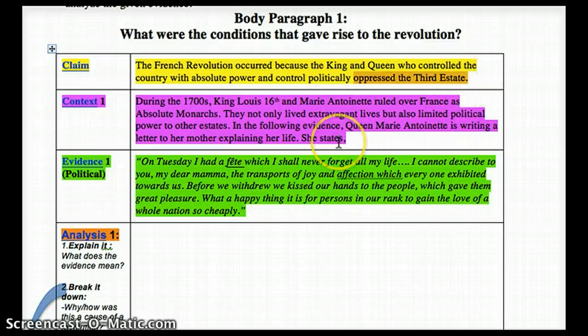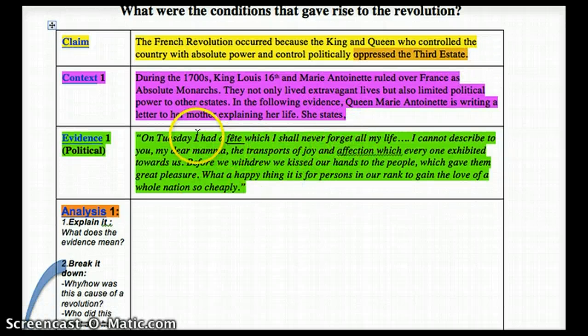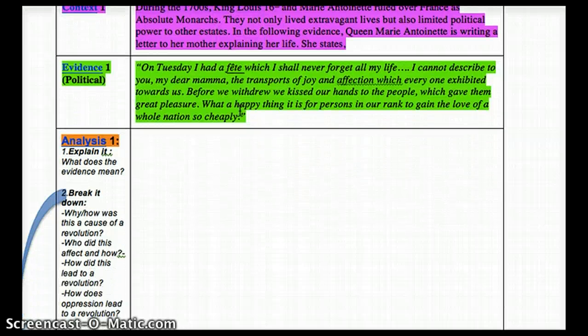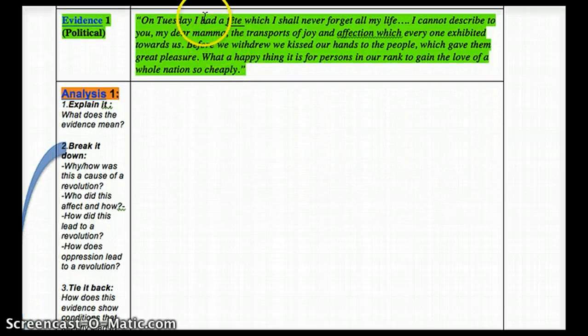Okay, so here I have my evidence, but let me quickly read the context. During the 1700s, the King Louis XVI and Marie Antoinette ruled over France. They not only lived extravagant lives, but also limited political power to the other estates. In the following evidence, Queen Marie Antoinette is writing a letter to her mother explaining her life. She states, "On Tuesday, I had a party, which I shall never forget all my life.